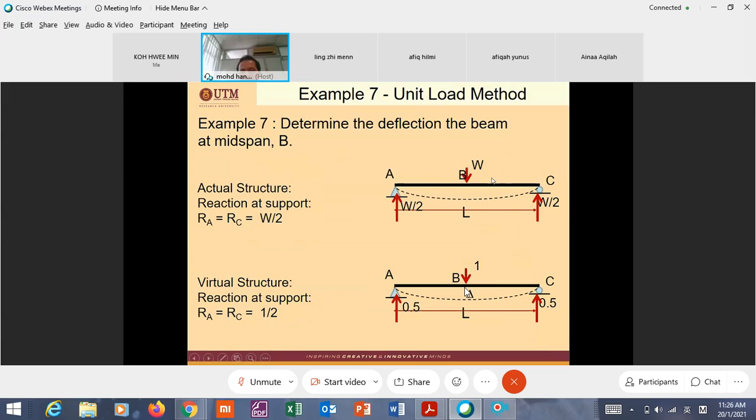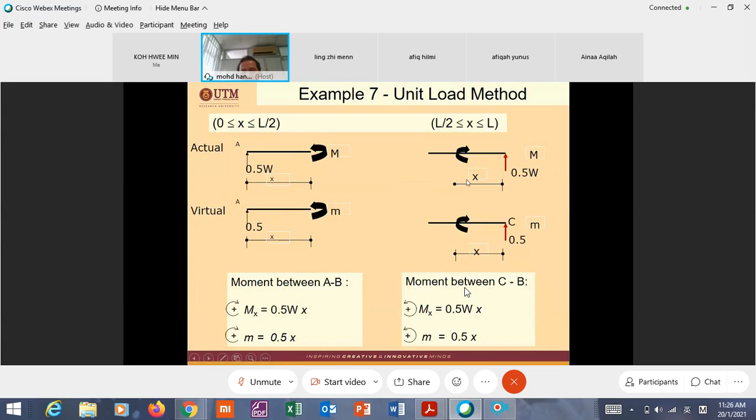If you start from left, it will become complicated, and you can try at home. I have tried this equation. For the moment between AB, use this sign convention.